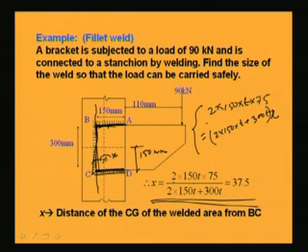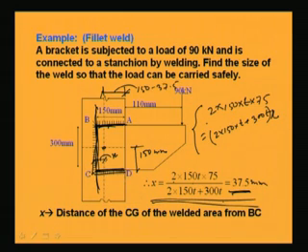So x is basically 2 into 150 T into 75 divided by 2 into 150 T plus 300 T. After calculating this, we get x as 37.5 millimeter. So the distance of the CG of the welded area from this line is 37.5 millimeter. So if this is 37.5 millimeter, I can find this value, which is 150 minus 37.5 millimeter.